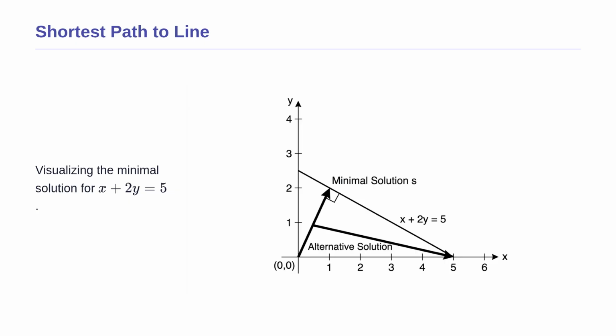This is our minimal solution. See how it strikes the line at a perfect 90-degree angle? Because it is perpendicular, it is geometrically the shortest possible distance from the origin to the line. The other arrow pointing to 5, 0 is an alternative solution, but it is clearly much longer. This visually proves our mathematical derivation.